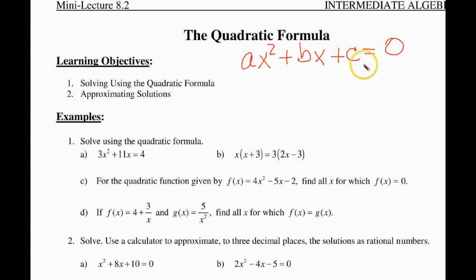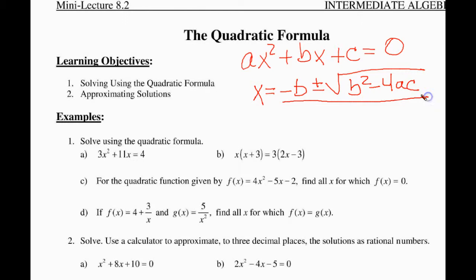Now this is what is used, again, by completing the square to solve for the letter x. Now when you do it, you get this. X equals negative b plus or minus the square root of b squared minus 4ac, and now all of this is over 2a.